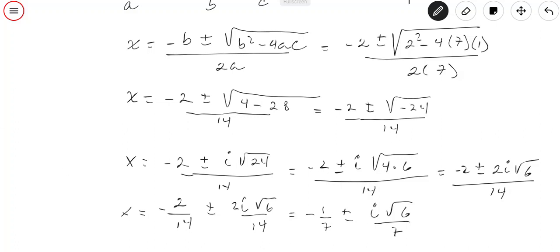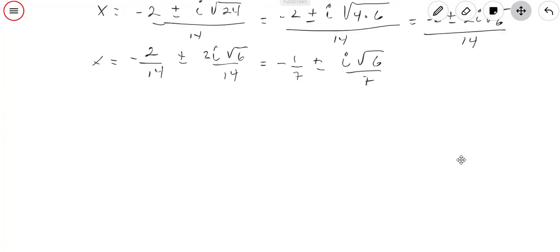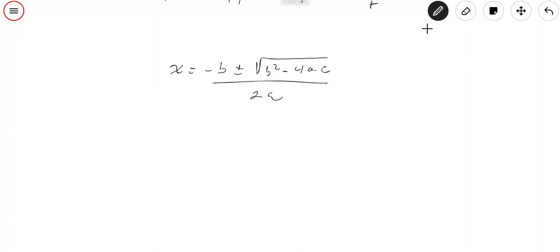So I want to explain something very quick. There is the discriminant. In our quadratic formula, we have negative b plus minus the square root of b squared minus 4ac over 2a.